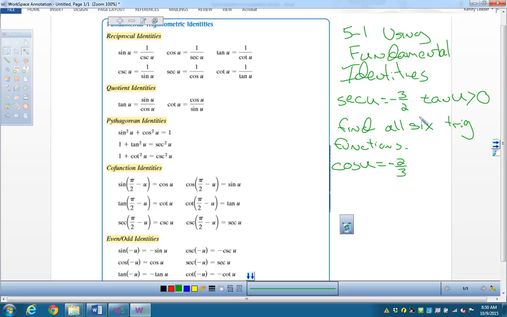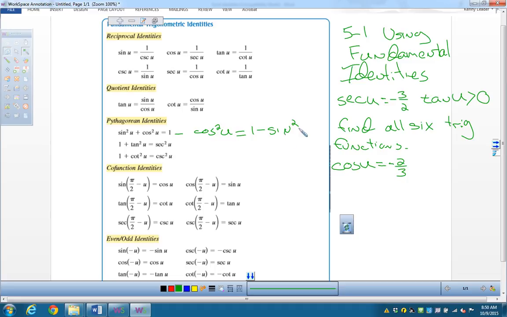But then you could use one of these trig identities, like this one over here, to find sine of u, could you not? I'm going to use this one, because I could take any of these 3 and rewrite cosine squared u as 1 minus sine squared u.